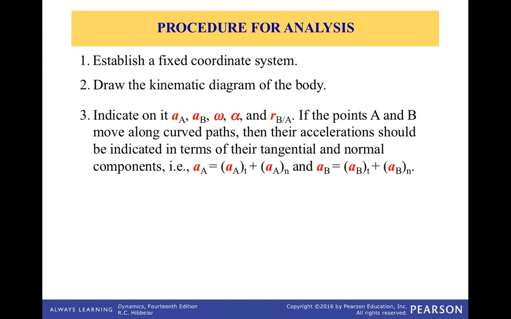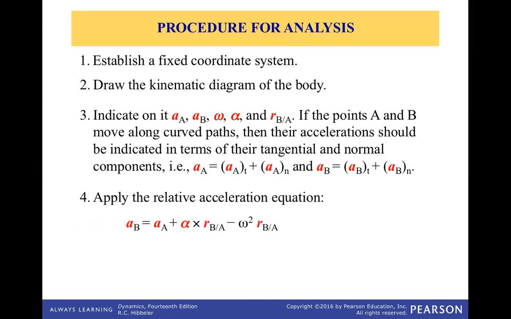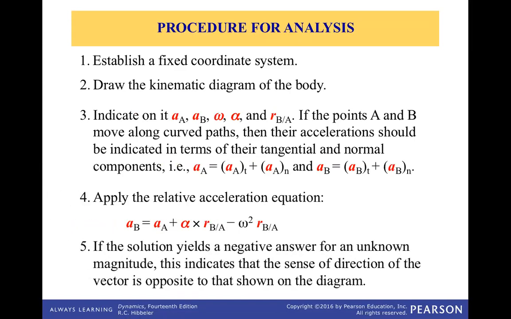So these are the procedures you take for relative motion analysis for solving for acceleration. The first one, again, you need a coordinate system. Set up X, Y and Z, and then draw the kinematic diagram of the body. Draw which part is in motion, and if there are known quantities, indicate them as well.